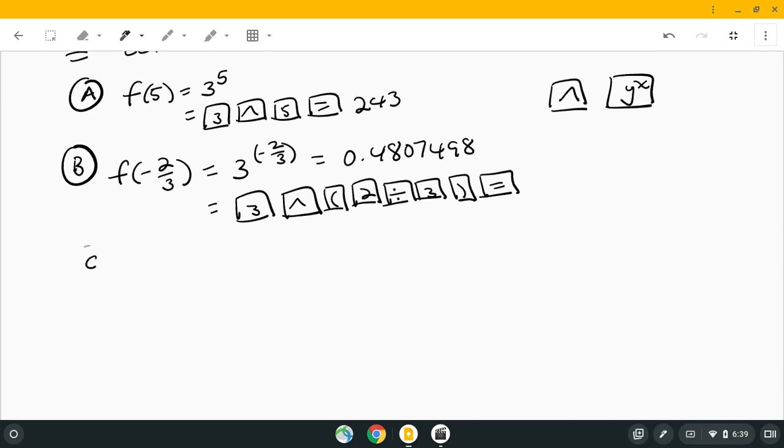All right. f of pi. So you would do 3 to the power pi. Check to see if you get 31.5442807.